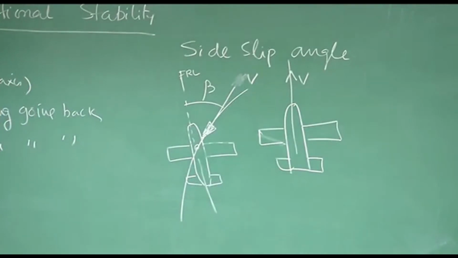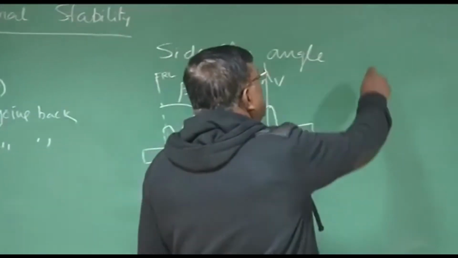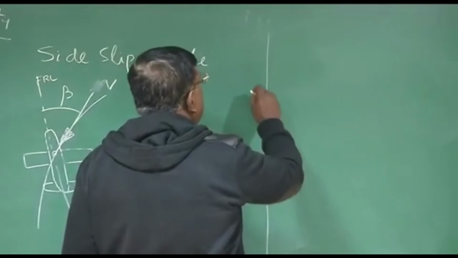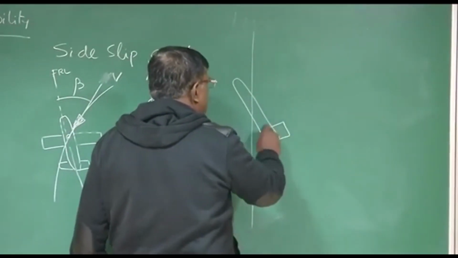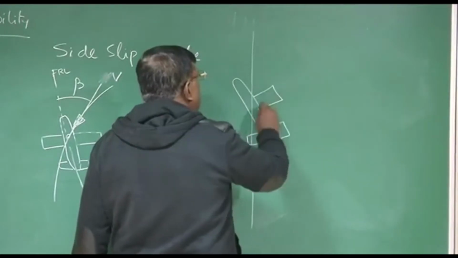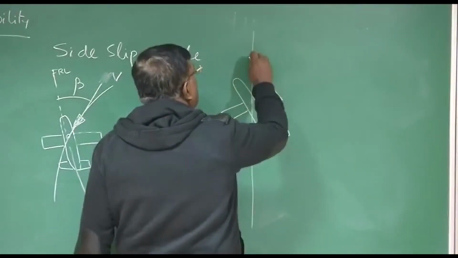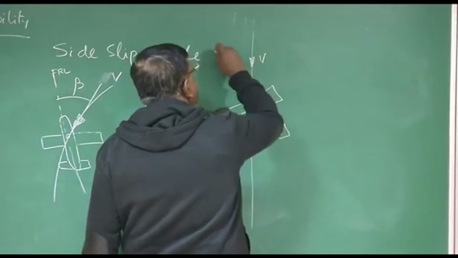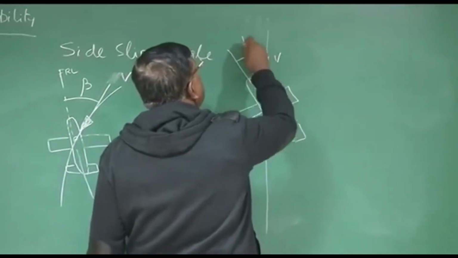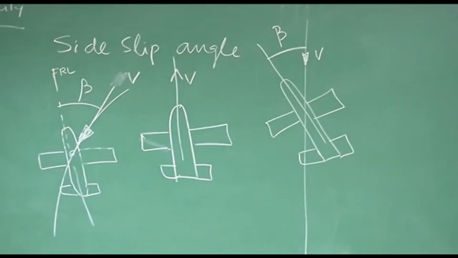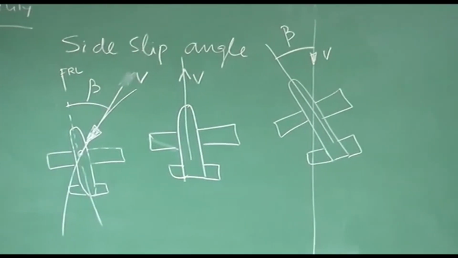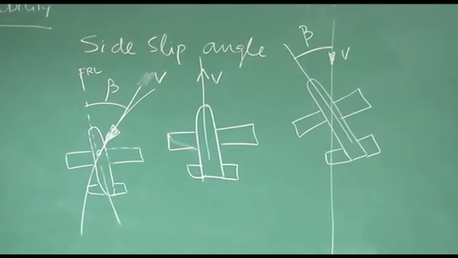Is it clear? I repeat again. If this is the center line, and if I am flying like this, and relative air is coming like this along the axis, this angle is beta, which is called side slip angle, and this will have an effect on directional stability.